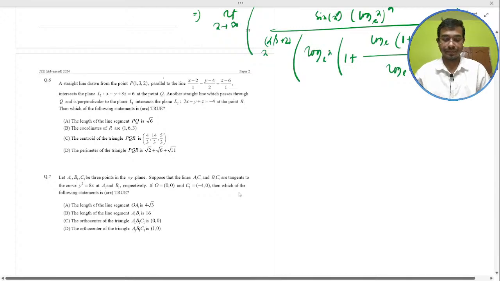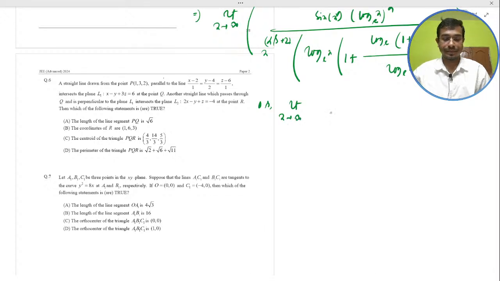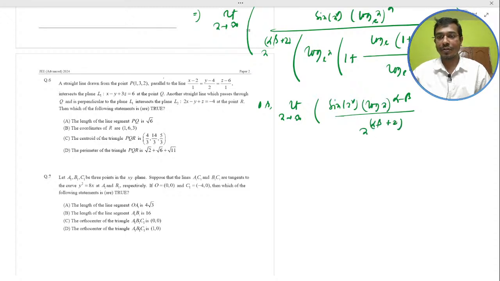Next, simple, or the limit x tends to infinity sin x square log x to the power alpha minus beta divided by x to the power alpha beta plus 2. This is equal to 0. That implies that alpha beta plus 2 is greater than 0.